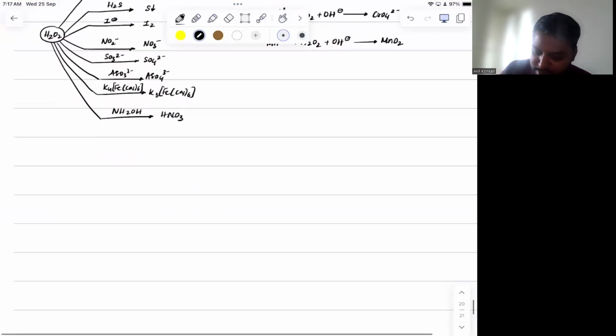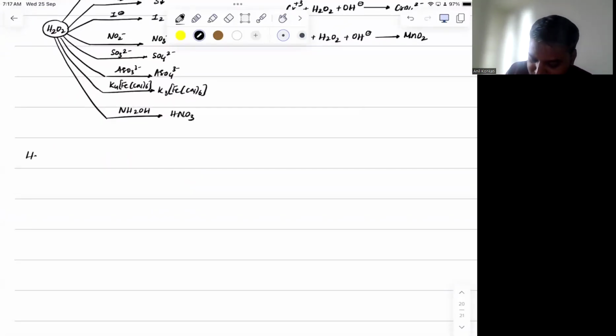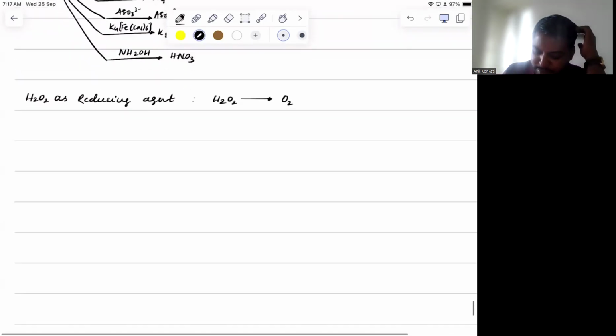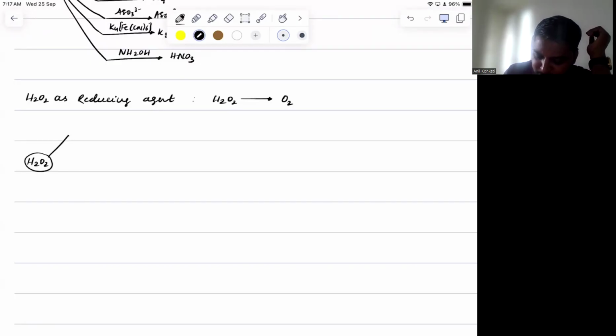Got it? So, now H2O2 as reducing agent. In reducing agent, we expect that H2O2 to get oxidized to O2. It has to convert into O2. Okay. So again, we'll see it in acidic medium as well as in basic medium. See, H2O2, if you treat with KMnO4 in acidic medium, this will convert into Mn plus 2 plus O2.